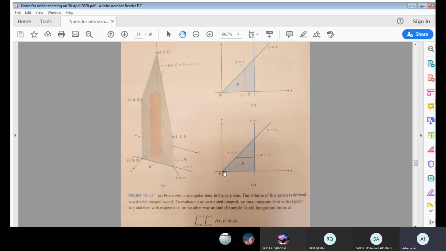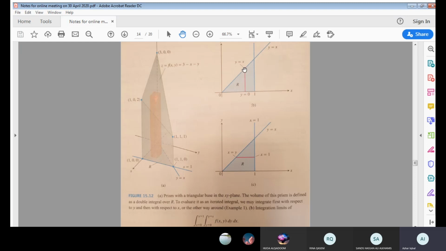So to calculate this integral, you introduce f(x,y) dy as the middle integral, with y changing from 0 to y = x, using this vertical line.